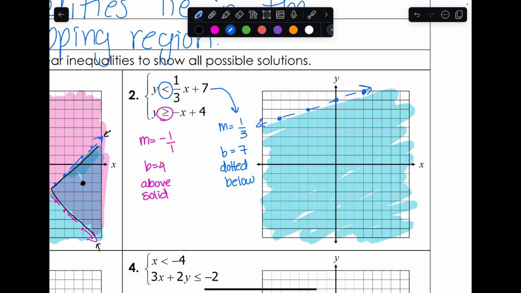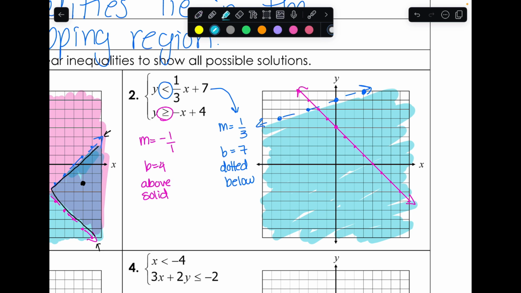Now we are going to start our second line. We have a y-intercept of 4 and a negative slope. We're going to start off going down and to the right, and then continue our graph on the other side, up and to the left. This time we are going to connect with a solid line because of the equal to component of our inequality.